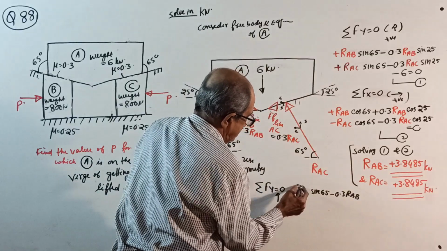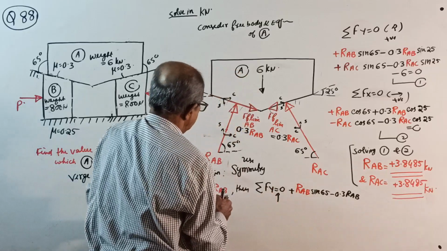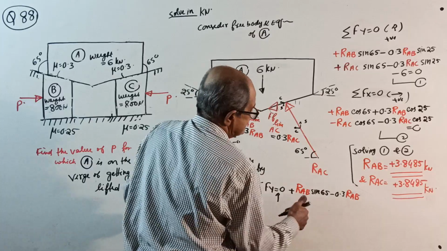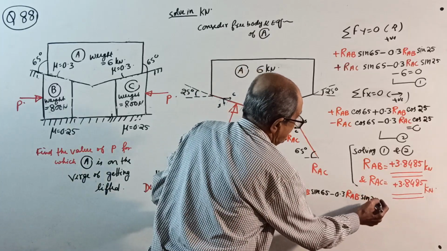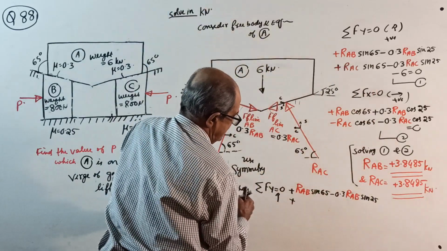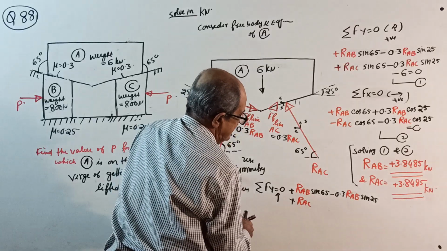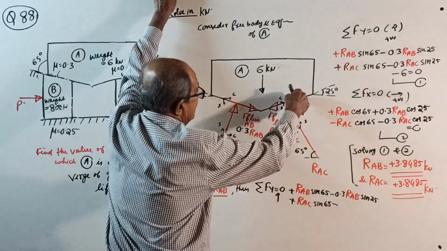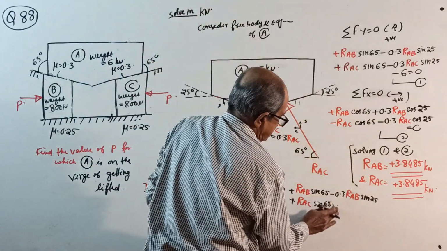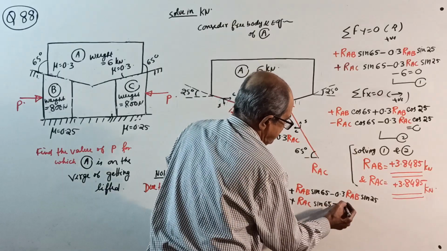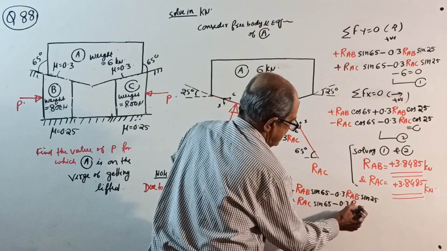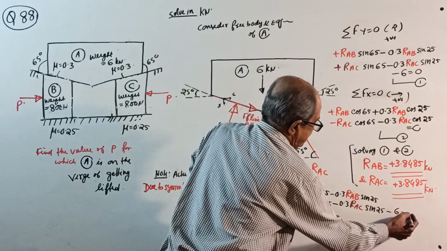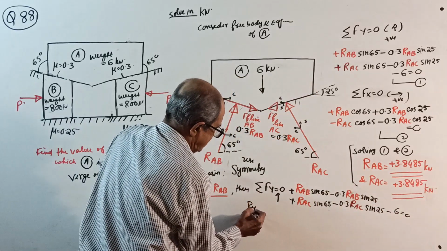That is the same equation: RAB sin 65 minus 0.3 RAB sin 25, then plus RAC sin 65, minus 0.3 RAC sin 25, minus 6 equal to 0. Then do one thing, replace what?